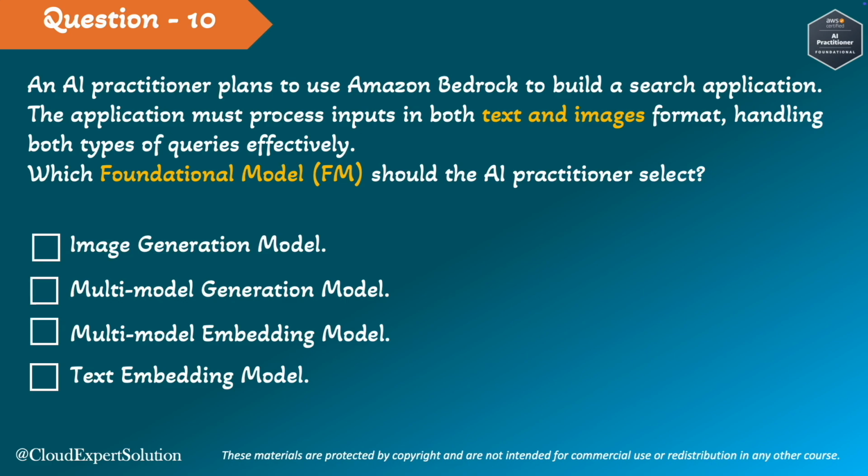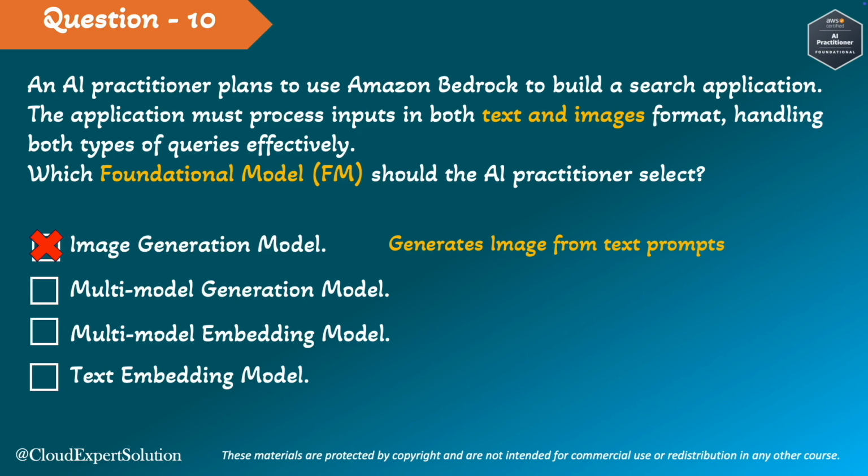Image generation model focuses on creating images based on certain inputs such as text descriptions or other images. It is not designed for processing and embedding text inputs. So it would not be suitable for a search application that needs to handle both text and image queries. That is why option 1 is incorrect for us.